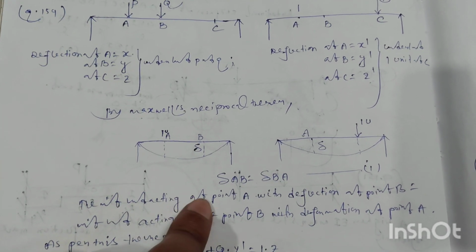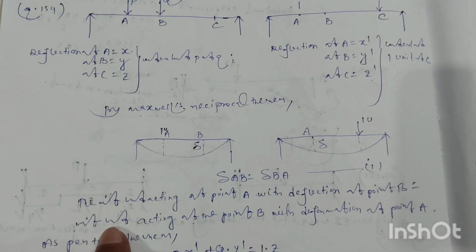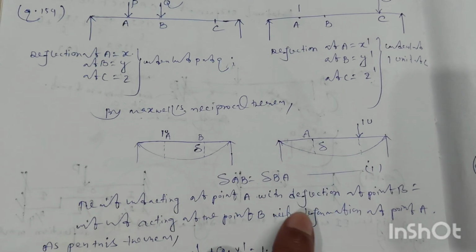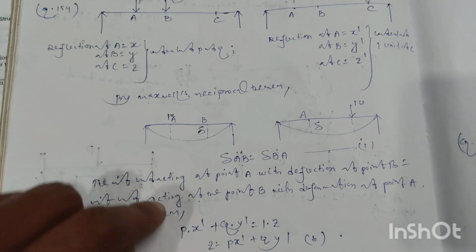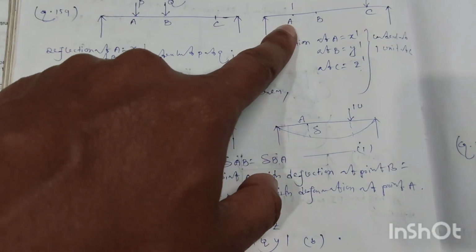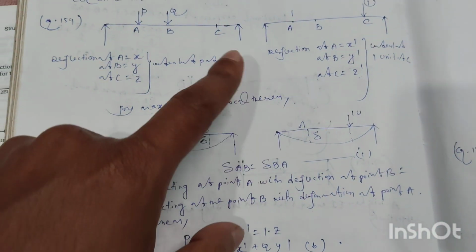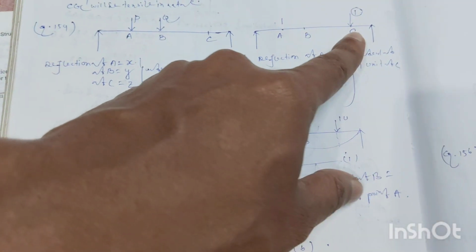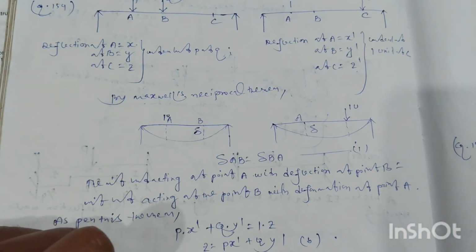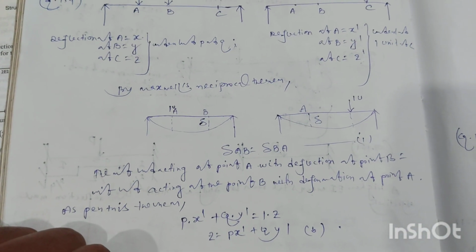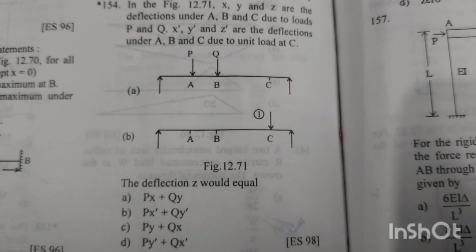So the unit load acting at point A with deformation at point B is equal to the unit load acting at point B with deformation at point A. Now as per this theorem, we can equate this load into this deflection: P into X dash plus this vertical load into the deflection at point B, Q into Y dash, is equal to the 1 unit vertical load into the deflection at point C, that is Z. So PX dash plus QY dash is equal to 1 into Z. Now Z will be equal to PX dash plus QY dash. Option B is the right answer.